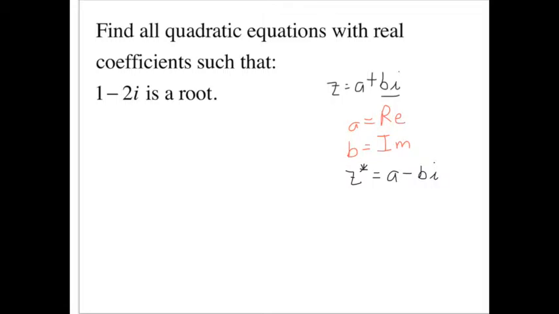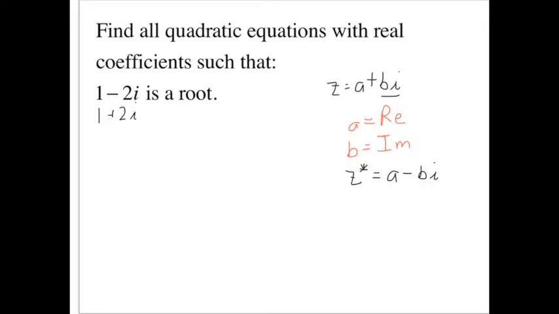And because I square rooted it, I always ended up with a plus or minus. So every single time you have a complex root, the conjugate will also be a root. So the conjugate here is 1 plus 2i.